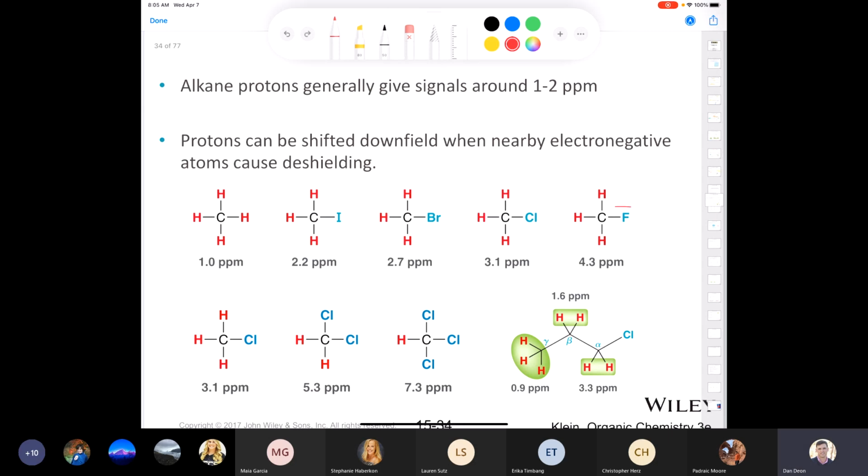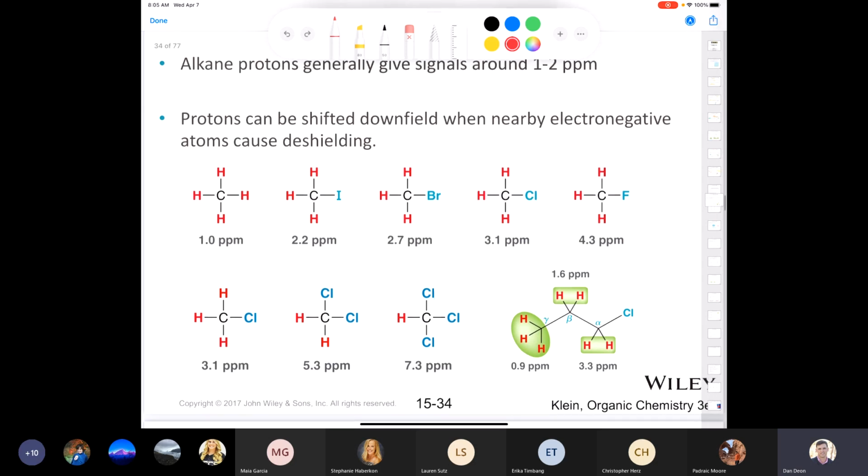And so it's going to have a really strong dipole going this way. And what does that do? That sucks a lot of electron density away from these 3 protons, which renders them de-shielded and causes them to resonate at a higher frequency, which of course produces a higher chemical shift. And so the stronger the electron withdrawing effect of the halogen, the more pronounced the de-shielding effect is.